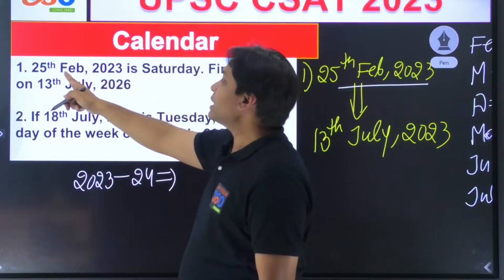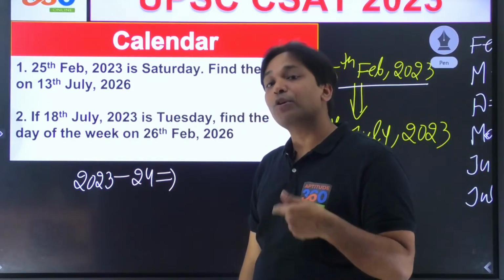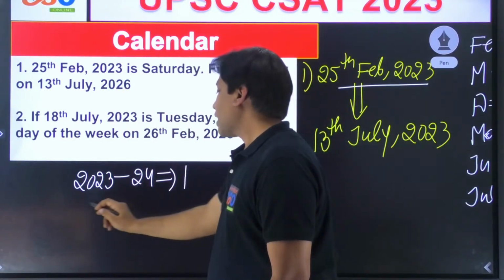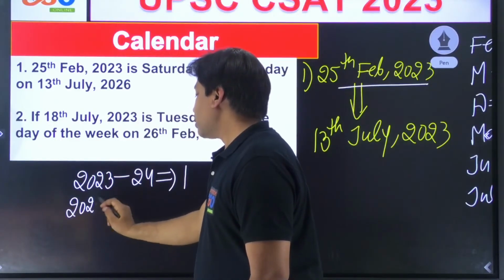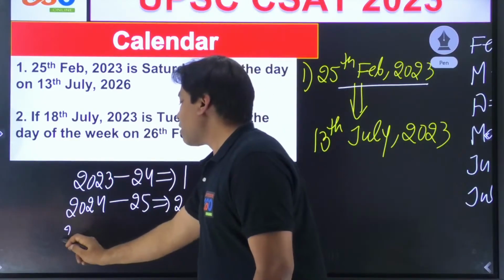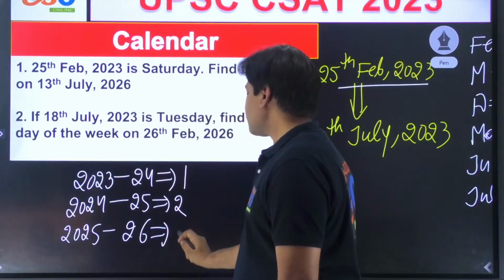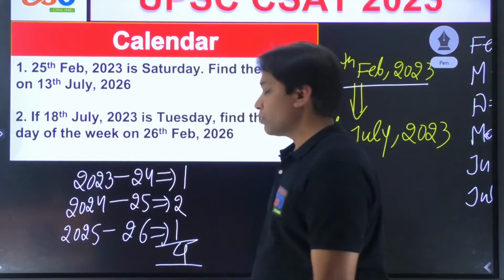How am I calculating? 25th February 2023 to 25th of February 2024, only one. And then 2024 to 2025, there will be 2. And then 2025 to 2026, there will be 1. And this is going to be 4.